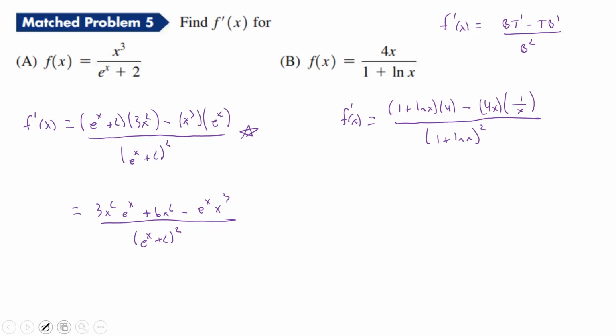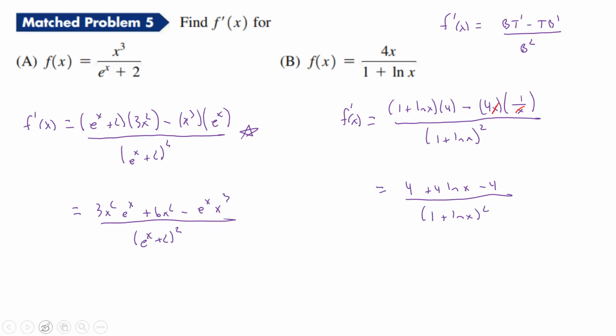Now, can we simplify this? Yeah, it looks like we can because that x cancels that x. And then it looks like we could factor maybe. Maybe we should distribute first. So we have 4 plus 4 ln of x minus 4 all over 1 plus ln of x squared.